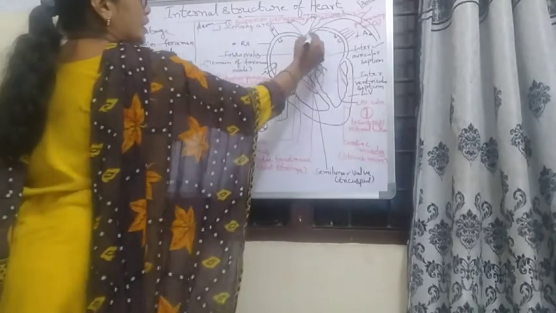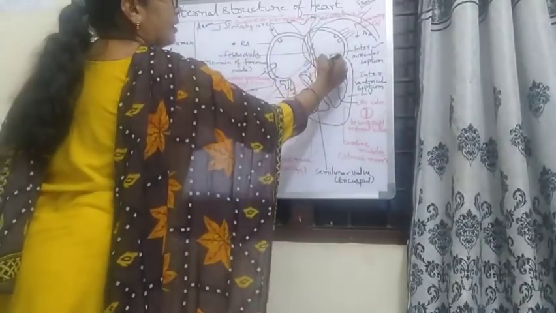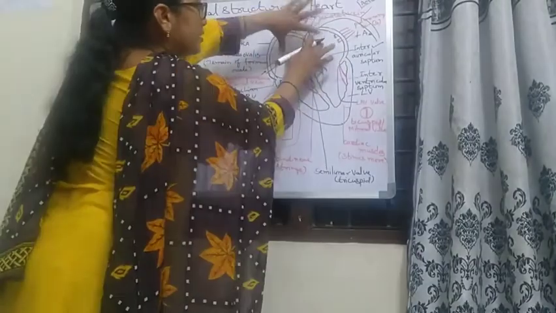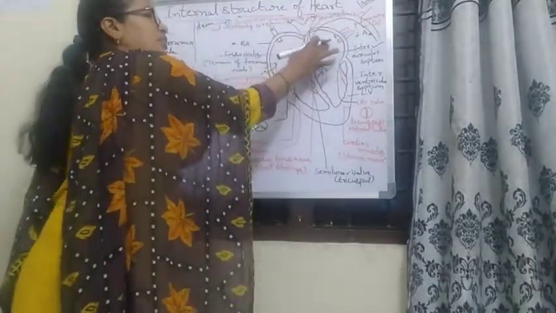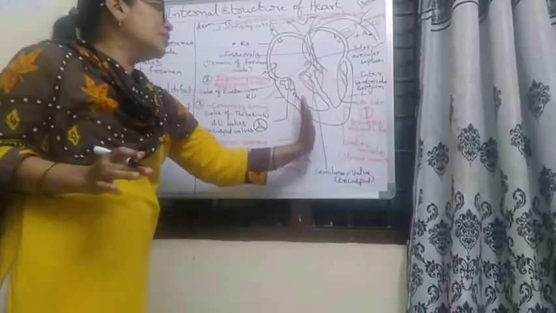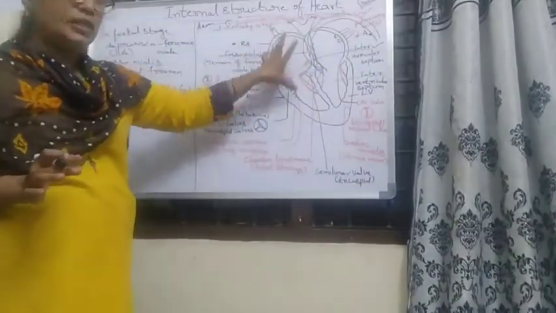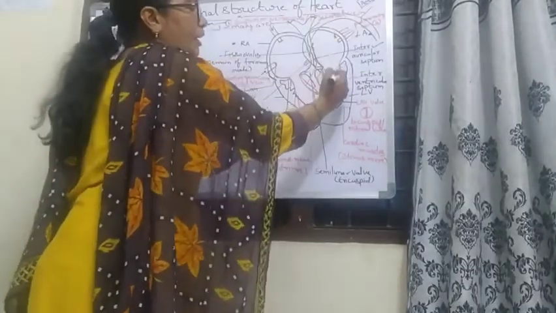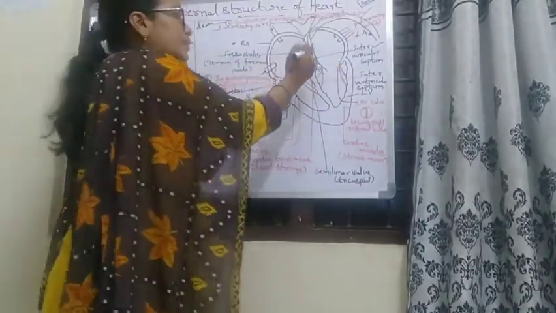These are receiving chambers. The right side receives only deoxygenated blood, and here on the left side, only oxygenated blood is present.